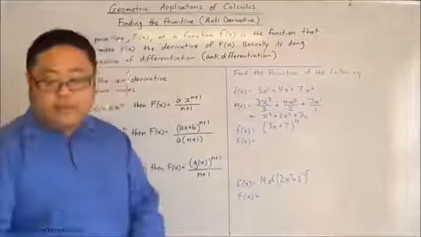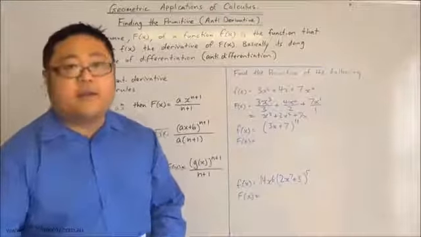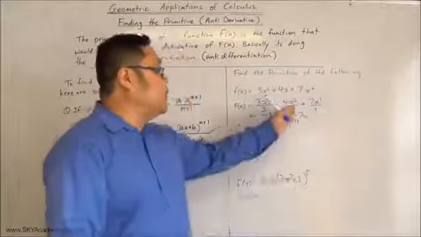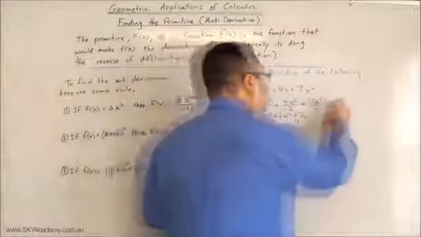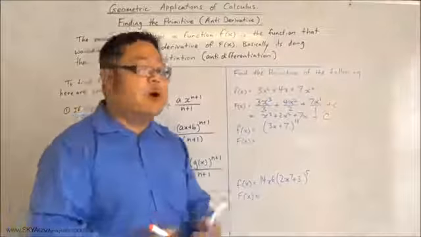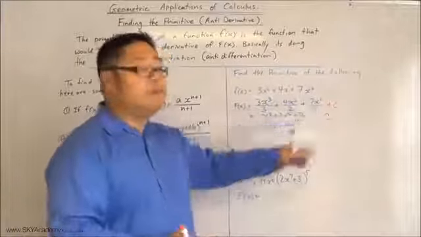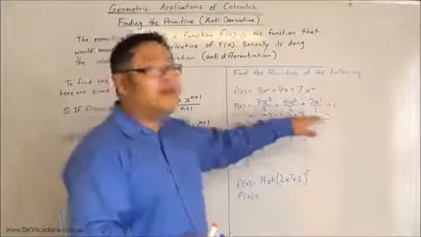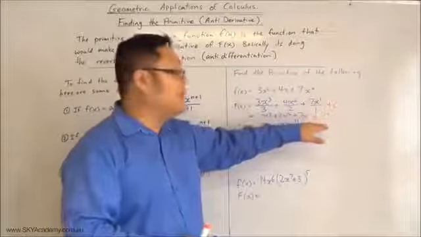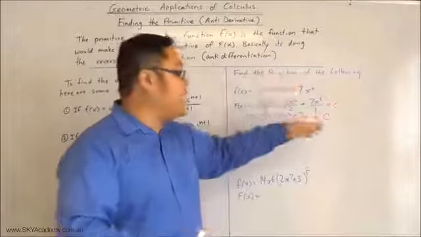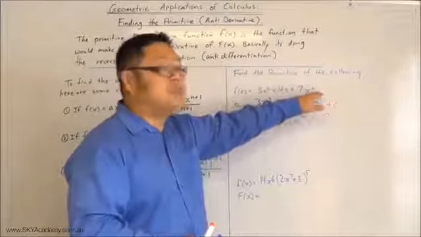Now, there is something that I must point out here, and that is, with the primitive, you also have to add a constant. The reason is that if you were differentiating that, or any other term with a constant on the end, differentiating would get rid of the constant.